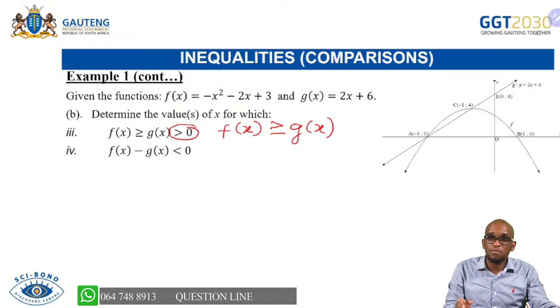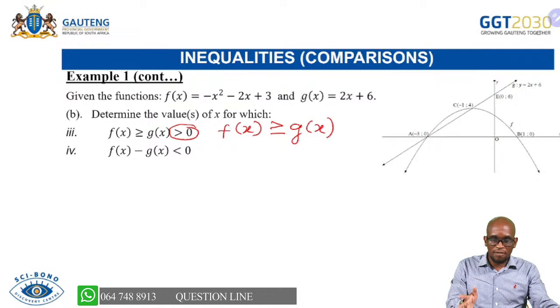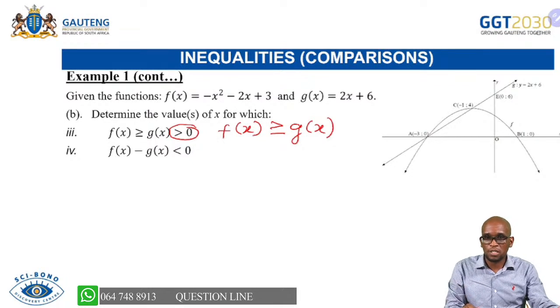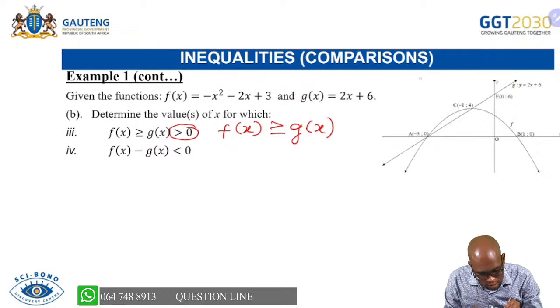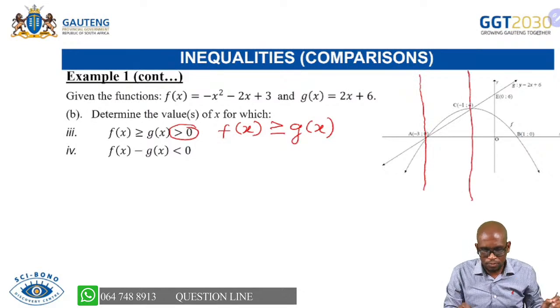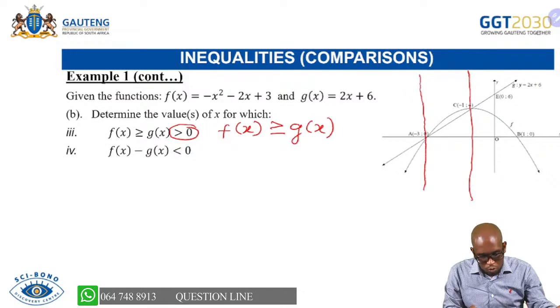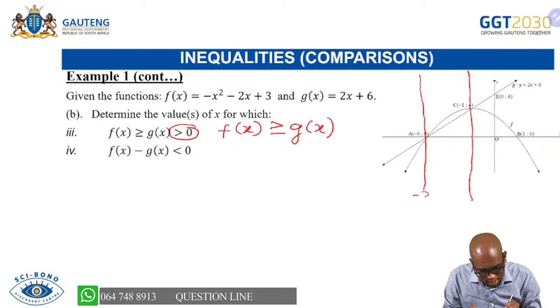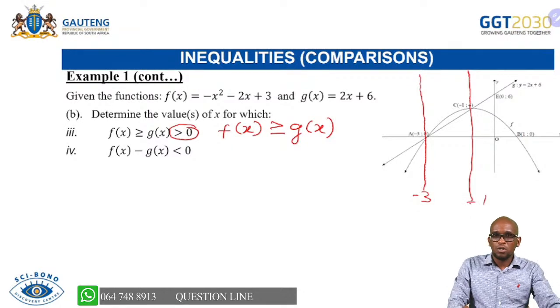Remember, I said if you want to compare, the reference point would be the point of intersection. Now, what I'm going to do here, I'm going to go straight to our reference and draw vertical lines, just so that we see the point of reference. The reference is this one, and the reference is that. So we have -3 and we have -1.